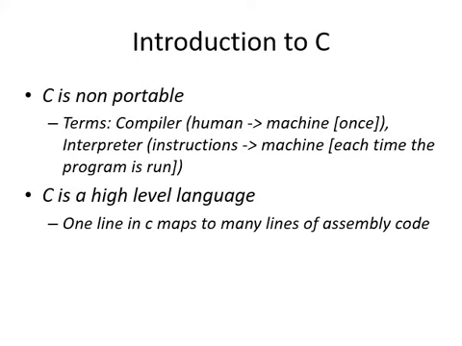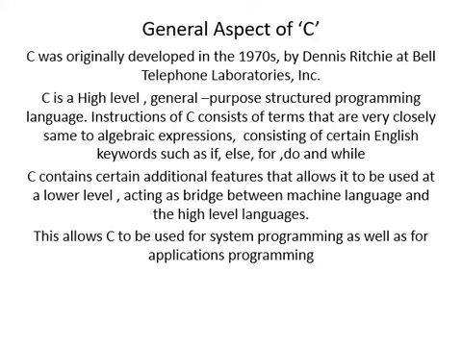So, to check the general aspects of C, it was originally developed in the 1970s by Dennis Ritchie at Bell Telephone Laboratories. C is a high-level, general-purpose structured programming language.